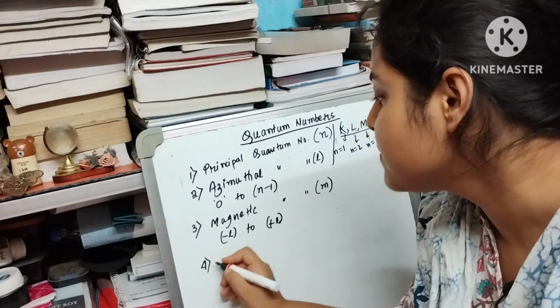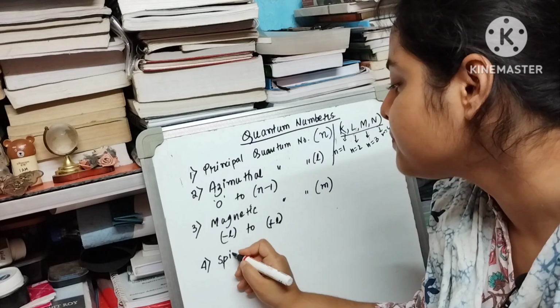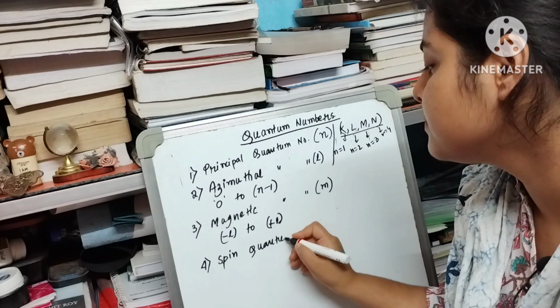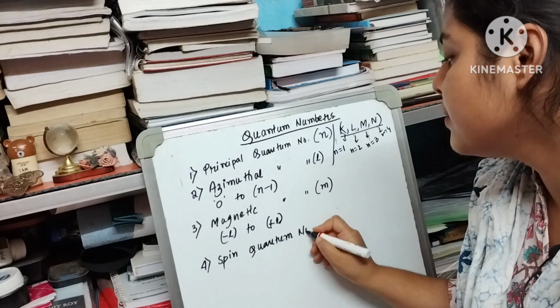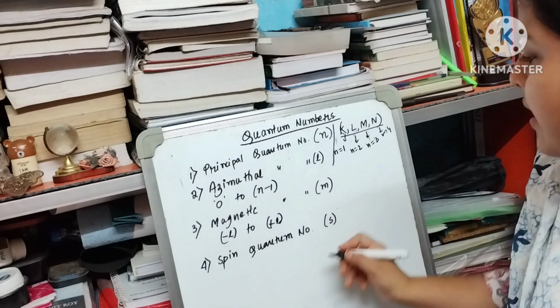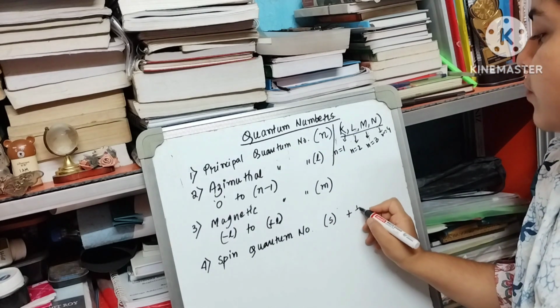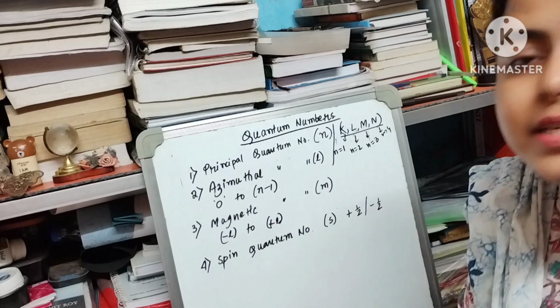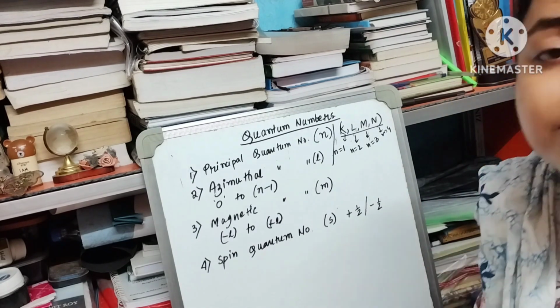And the last one is the spin quantum number, which is represented by small s. It has two values, one is plus half and one is minus half. Now what does plus half represent?